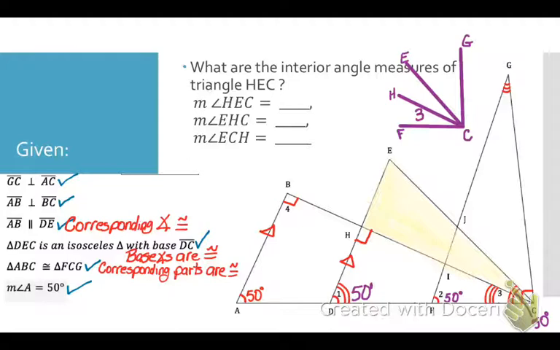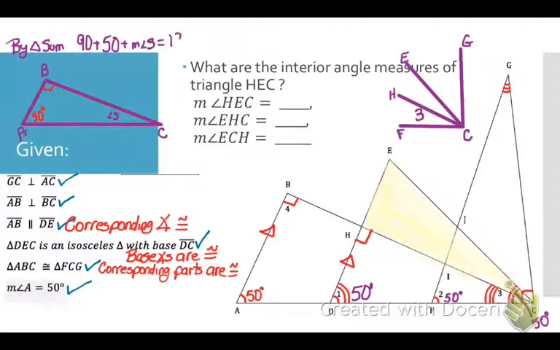Okay, looking at triangle ABC with angle 3 as our C, I know that angle A and angle B are 90 and 50, and I know by the triangle sum theorem that angle A plus angle B, which is 90 plus 50, and the measure of angle C has to equal 180 degrees. So I know that angle 3, doing the math, is 40 degrees. So I'm going to mark that on my diagram.